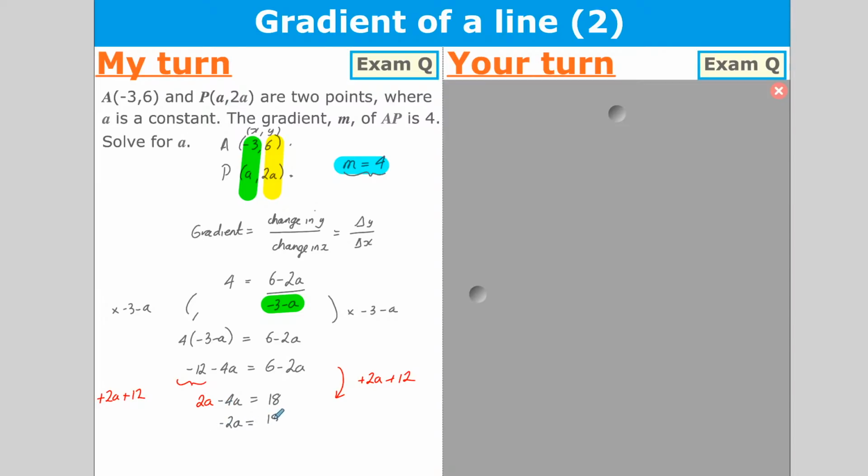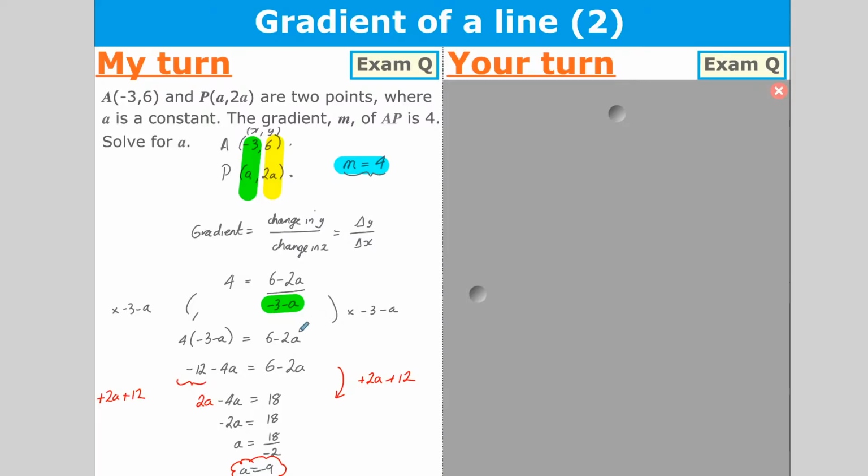So -2a is 18. Therefore, a is equal to 18 divided by -2. And that simplifies to a is equal to 9. Hopefully that didn't cut the page out. a is equal to -9, I should say. a is -9. Positive 18 divided by -2 is -9.